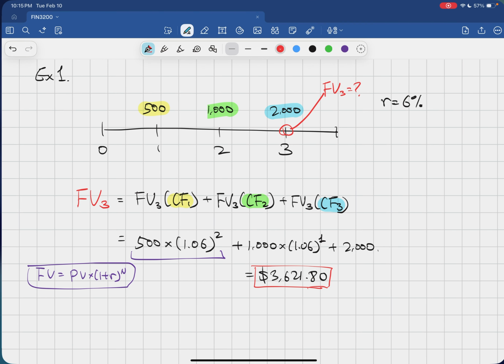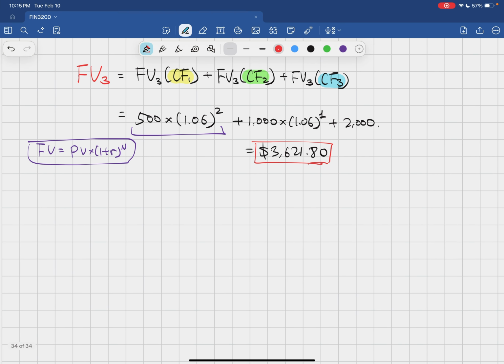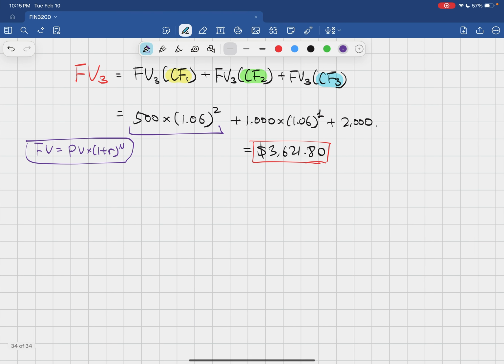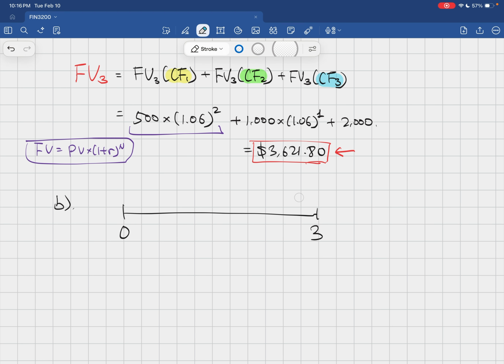Okay. So, their promise is basically this. They're gonna have this much in your account in year 3. Okay? So if I were to draw the timeline again, now in year 3, the goal is to have this much in your account.